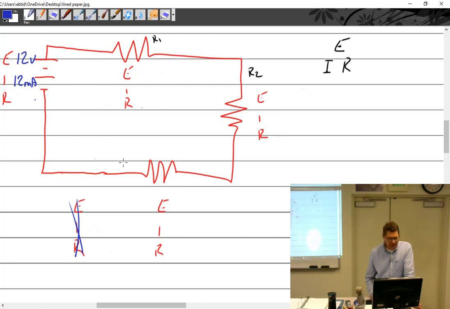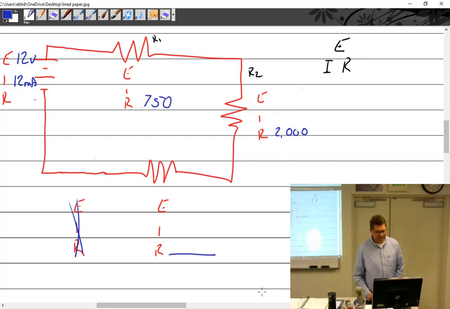And what do you think? I don't want it to come out wrong. And so that would be, let me see, 750, 2,000, and we'll leave that open and see what happens. 2,000.